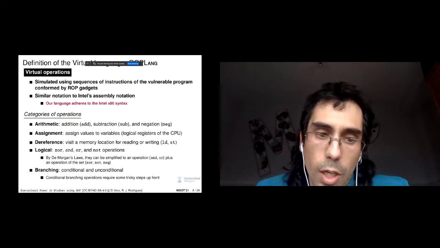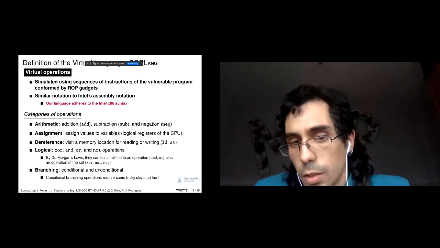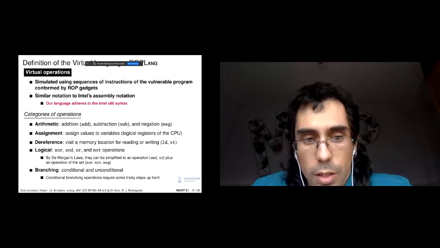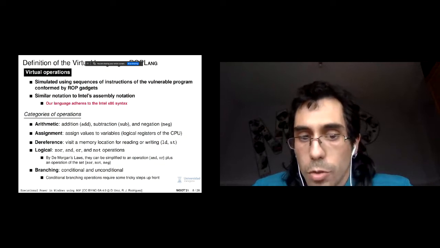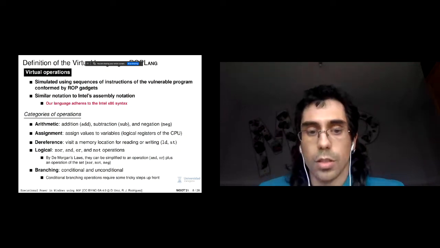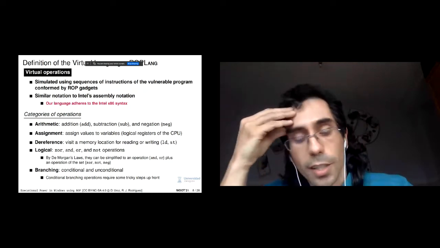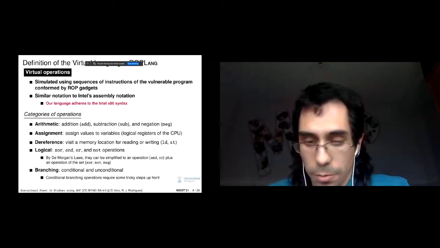We have also logical operations, the typical ones that can be simplified to a smaller set, just using De Morgan's laws. And we have also branching operations. So we have conditional and unconditional branch operations. Conditional branching operations are a little more tricky, which I will explain afterwards.